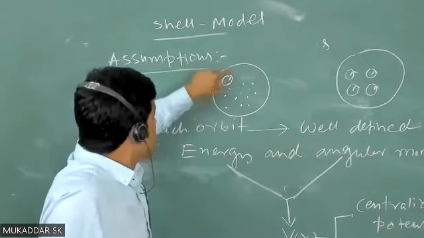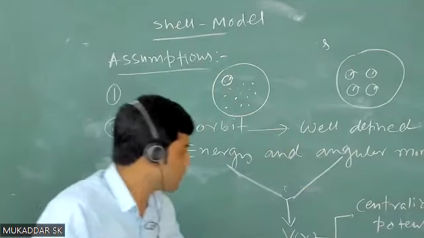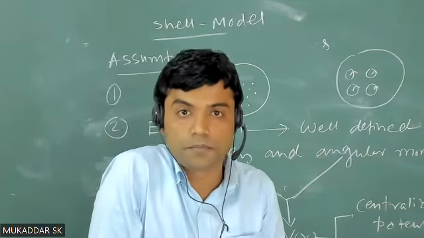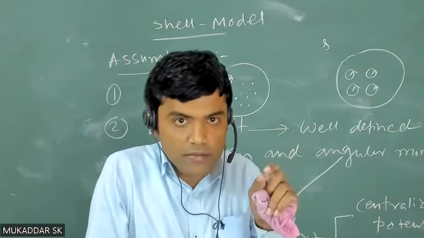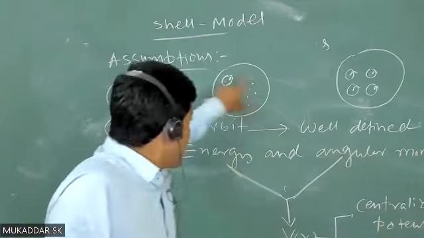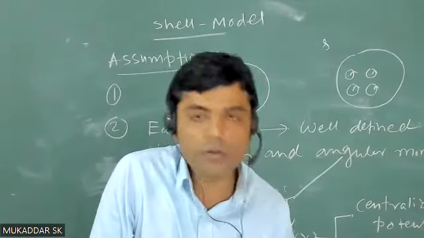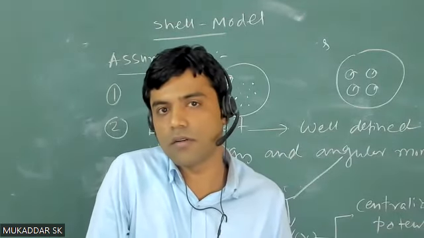Why? Because this nucleon is rotating, and that rotating is possible when you have a central potential. When you are taking two-nucleon potential interaction, that will be non-central. When you are taking the average potential effect, that will be your centralized potential. But unfortunately, we don't know the form of centralized potential.